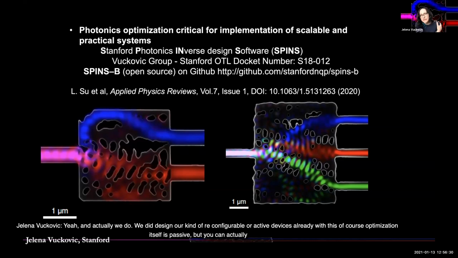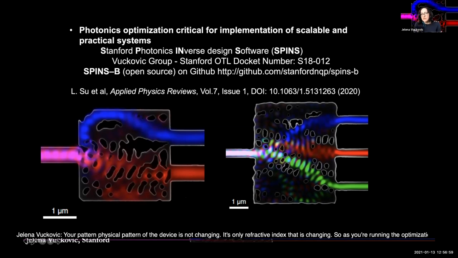Yeah, actually we did design reconfigurable or active devices already with this. Of course, optimization itself is passive, but you can do the optimization for multiple states of your device at the same time. For example, we have designed switching devices that at a particular refractive index route the signal to one port, and at a different refractive index, after free carrier injection or nonlinearity, route the signal to the other port.